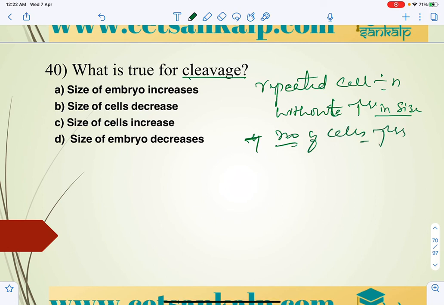So you have to keep this in mind: the size of a cell decreases, cell number increases. So the 40th answer is B.